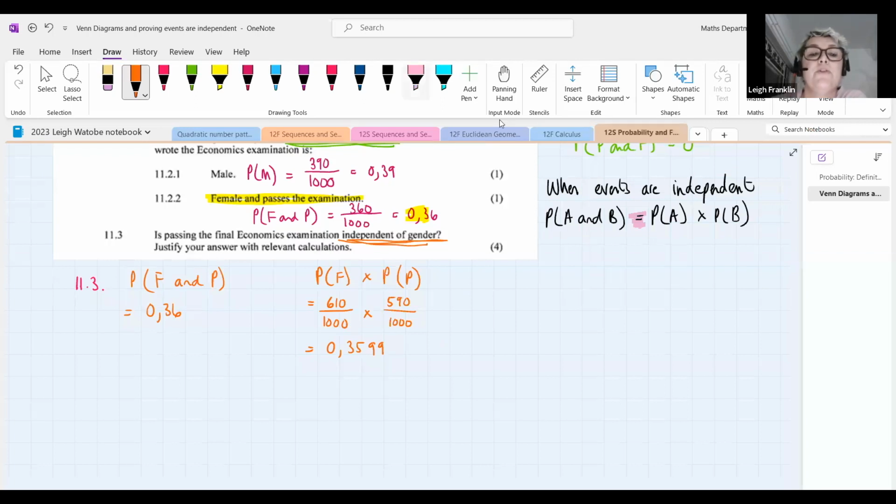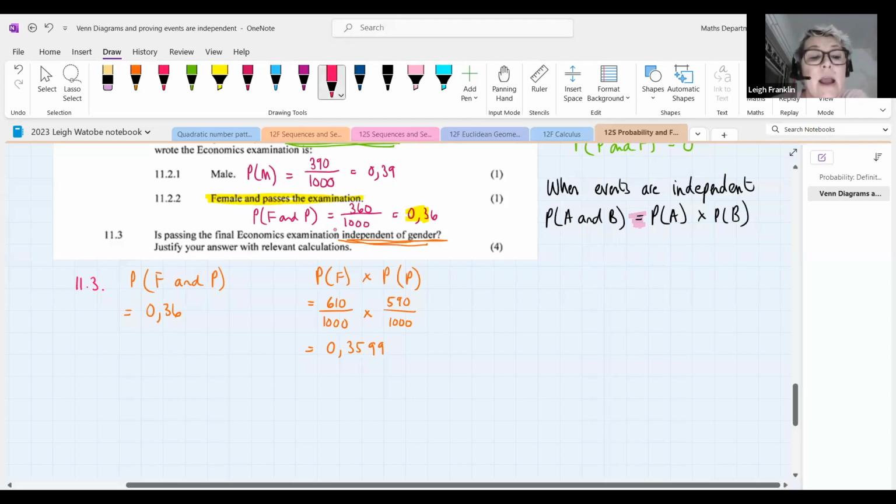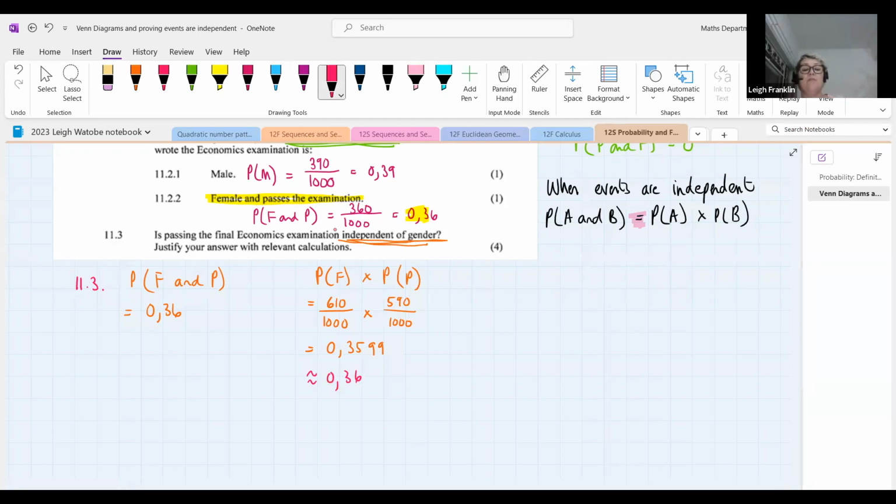What do you think, matrix? Is it 0.3599? Yes, I agree. I think in this case, it's reasonable for us to conclude that 0.3599 is very, very close to 0.36.